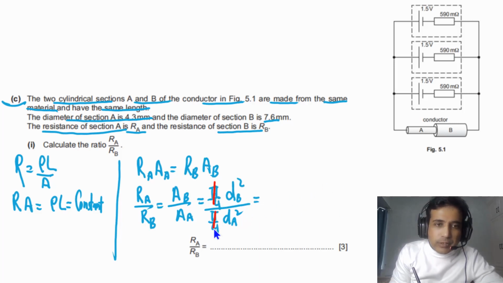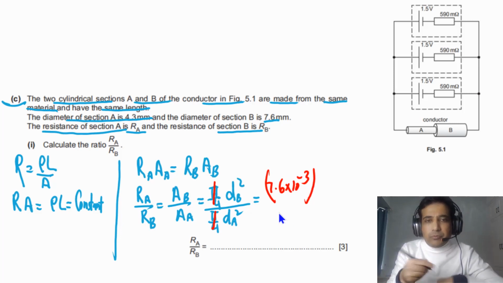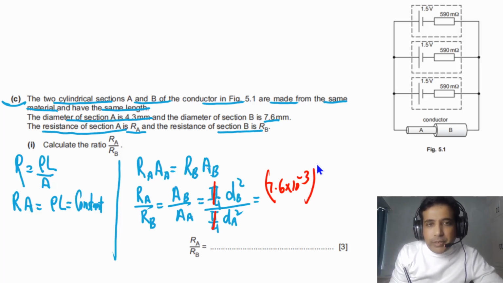So we have diameter of B is given 7.6. So we can write down 7.6 times 10 to minus 3 because this is in millimeters. Actually, it is not important because this ratio it will be cancelled, but it's better if you write down, square divided by. We have dA, that is 4.3 times 10 to minus 3 square.